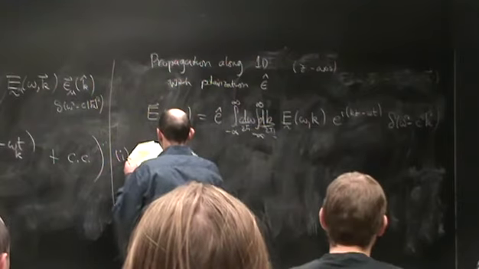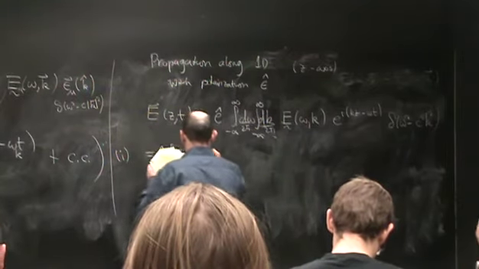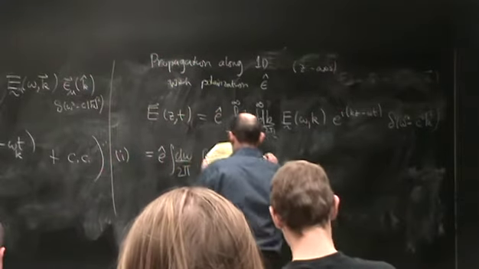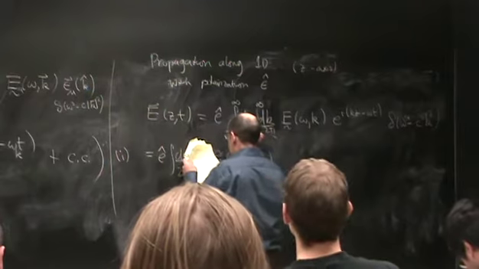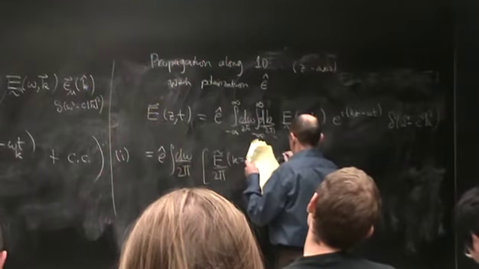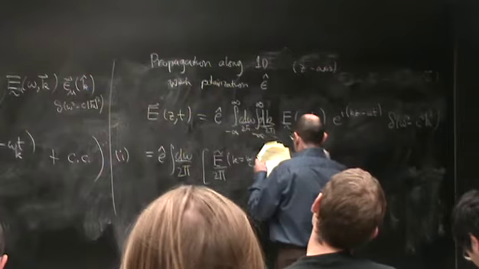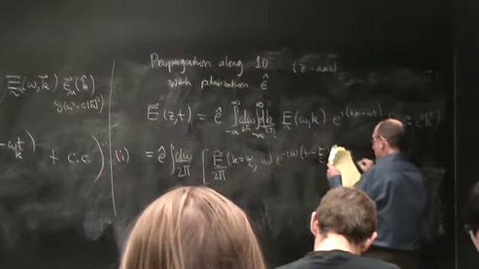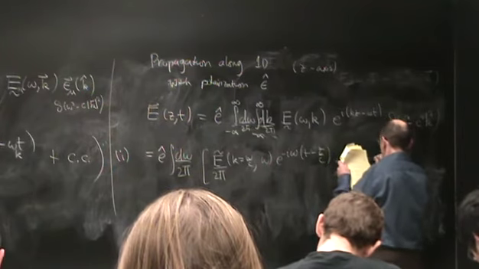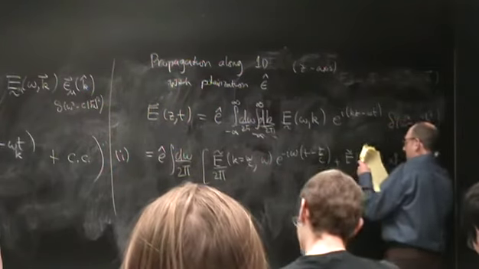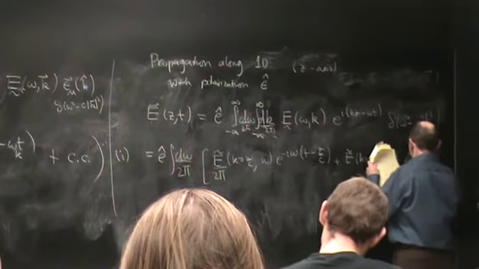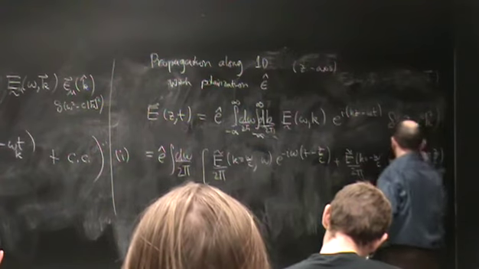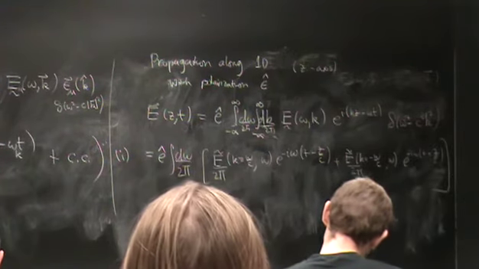If I integrate over k, leaving the integral over omega undone, I have this expression for the wave.